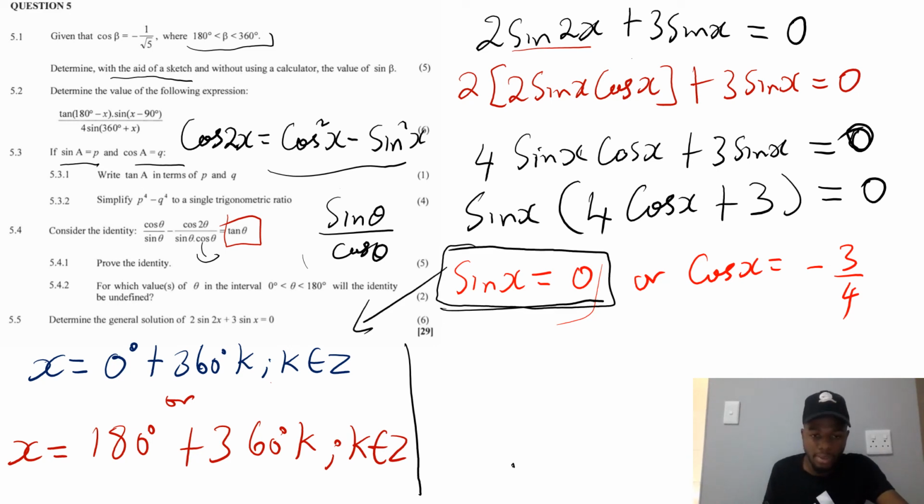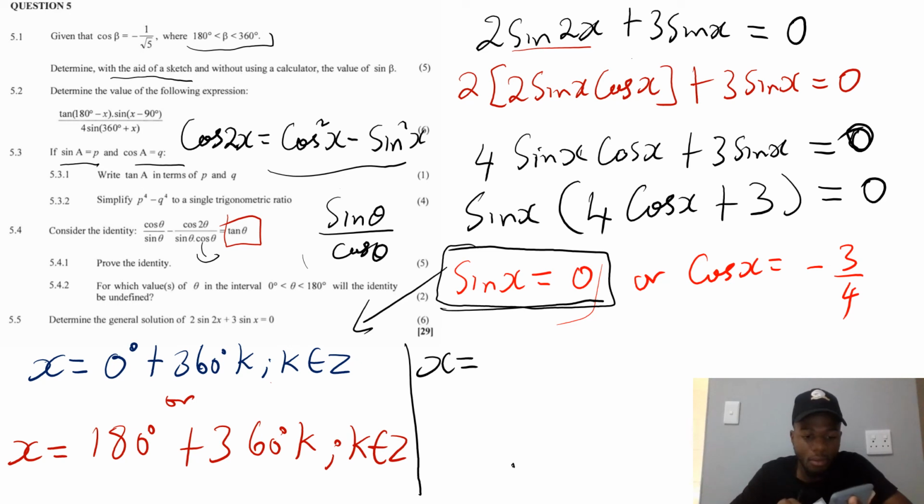So now I want to focus on cos x is equal to negative 3 over 4. It's the very same thing. This one is simple. We come and write shift cos, and then you insert negative 3 over 4.